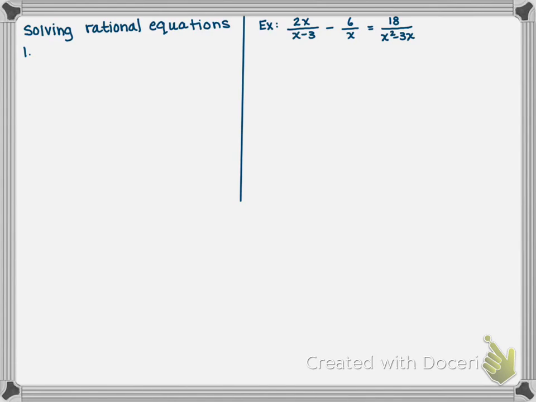So my first step, just like when we're adding and subtracting rational expressions, is to factor the denominators. Because like we saw in the last couple examples, we're still finding the same LCM, we're just using it a different way. And remember that the first step to finding an LCM was to factor everything. So we'll start by factoring our denominators.